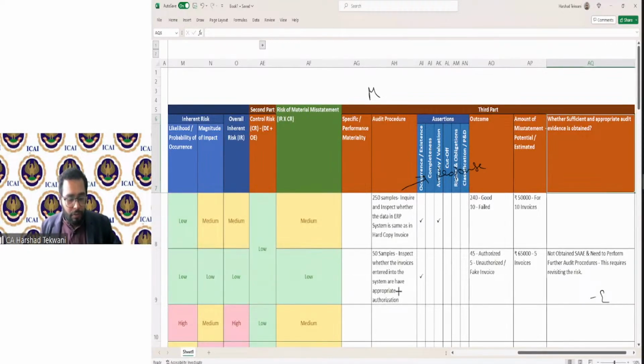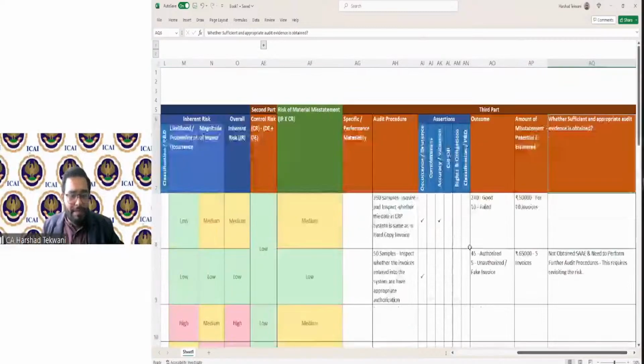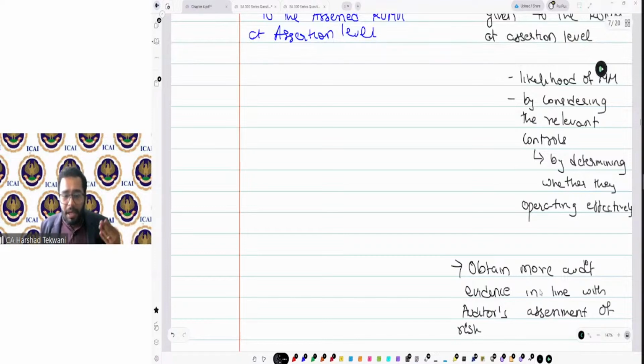So my response to the risk of material misstatement is based on the risk level that I have decided. That is what the standard is saying: obtain more evidence in line with the auditor's assessment of risk. It means you need to obtain more persuasive audit evidence the higher the auditor's assessment of risk is.